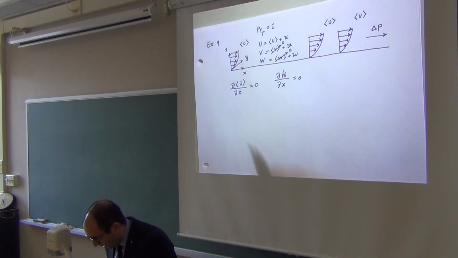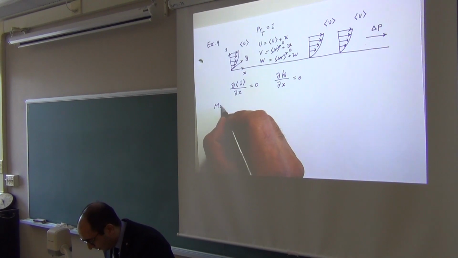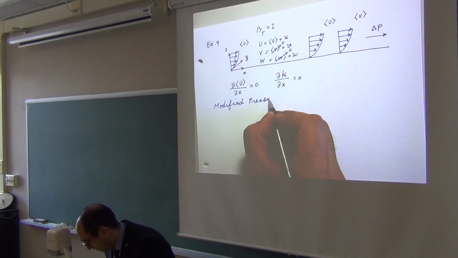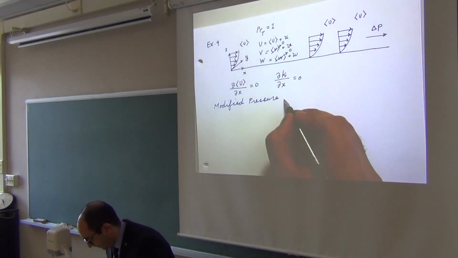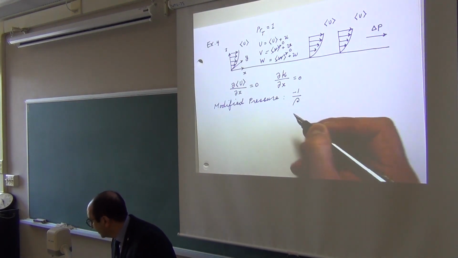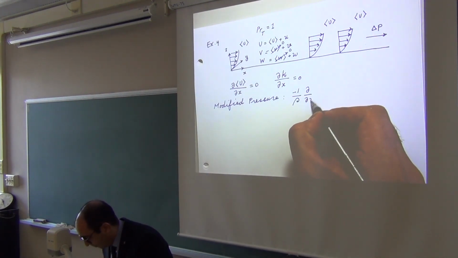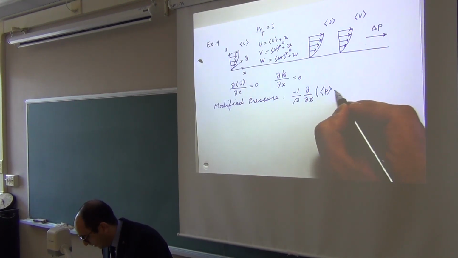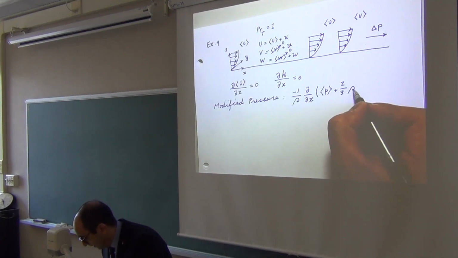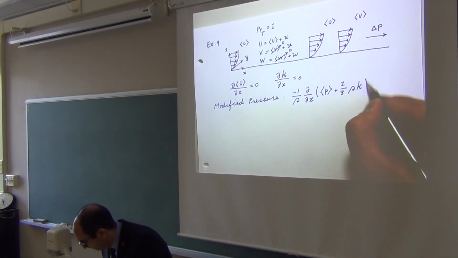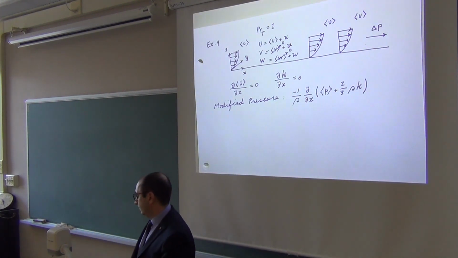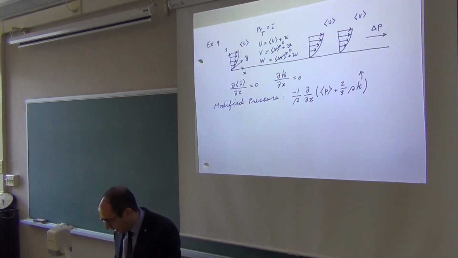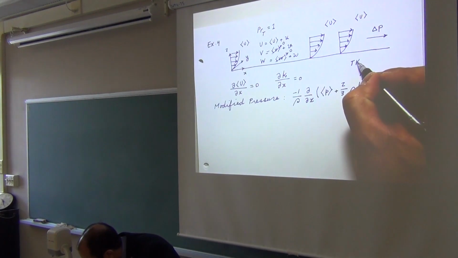If you remember modified pressure, let's formulate it. Modified pressure was minus 1 over rho, the density, partial x of mean pressure plus 2/3 of rho k, kinetic energy. Remember, this k is turbulent kinetic energy, or for short TKE.